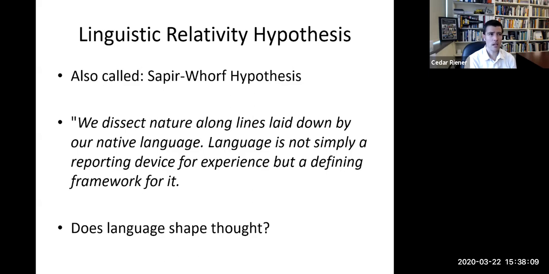More recently, a psychologist at Stanford named Lera Boroditsky has also done some research on language shaping thought, and I think her findings are very interesting. I'll go over those on the next slide.